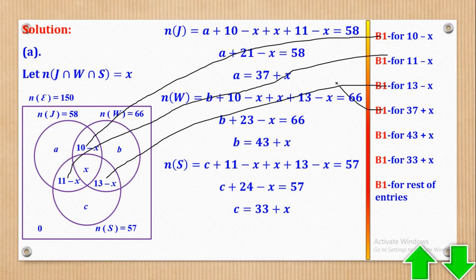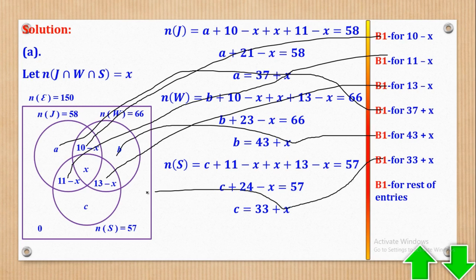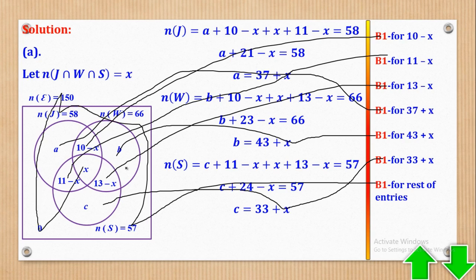Then a B1 for the entry of A, which is 37 plus x, supposed to be here. Another B1 for the entry of 43 plus x, supposed to be here. Another B1 for the entry of 33 plus x, supposed to be here. Then the last B1 will be for all the rest of the entries: this entry, this entry, this entry, this entry, and this entry. Those ones had one mark, which is a B1.